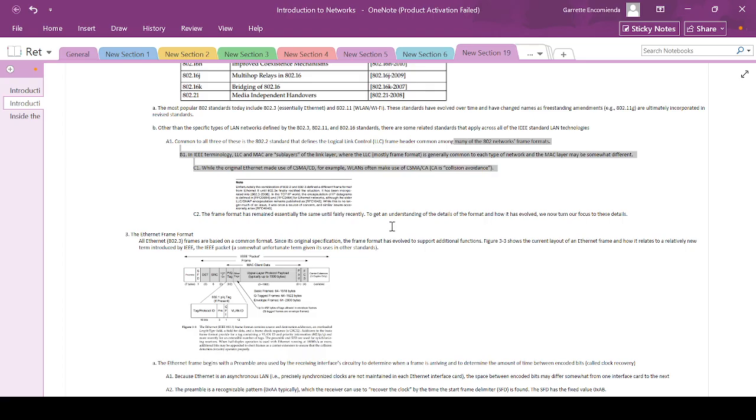In IEEE terminology, LLC and MAC are sublayers of the link layer, where the LLC, mostly frame format, is generally common to each type of network, and the MAC layer may be somewhat different. While the original Ethernet made use of CSMA/CD, for example, WLANs often make use of CSMA/CA, which is collision avoidance.